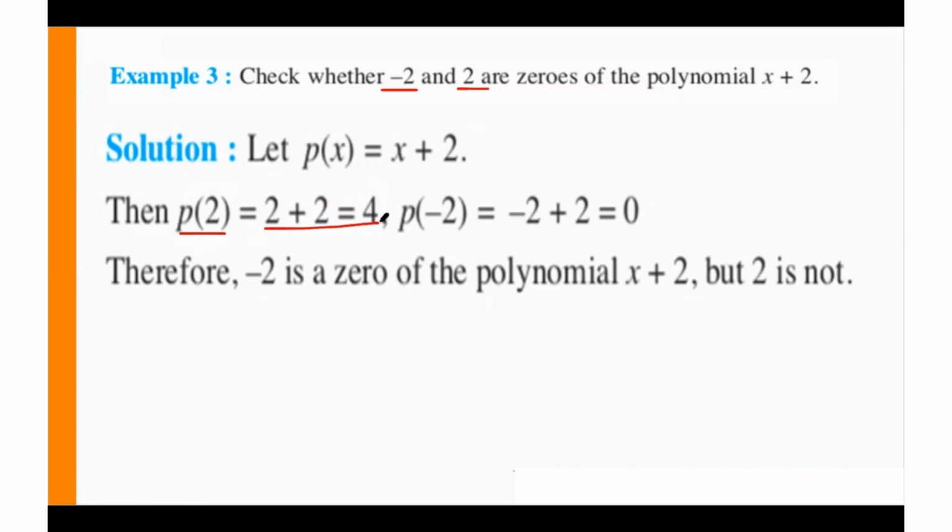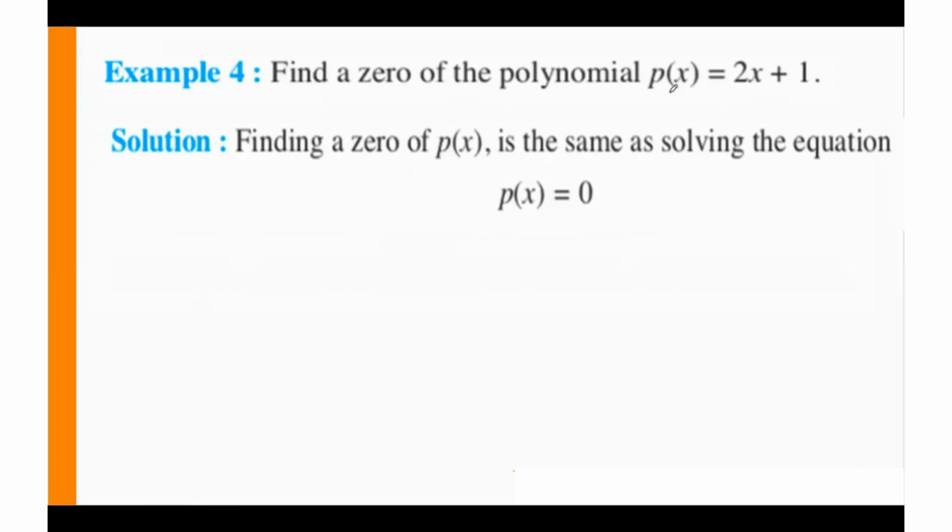So I don't get a 0 here. But if I take minus 2, then I get minus 2 plus 2 and it becomes 0. So which one of these two is the 0 of this polynomial? Minus 2 is the 0 of this polynomial, because in this case, the answer became 0.